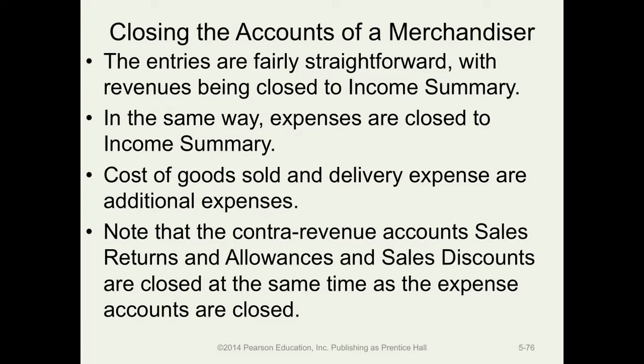It doesn't change what we did before in terms of the debits and credits. Cost of goods sold and delivery expenses, I said, are additional expenses. But the key point is that the contra revenue accounts, which you have not seen before, the sales returns and allowances and sales discounts, are closed in the same way as expenses.